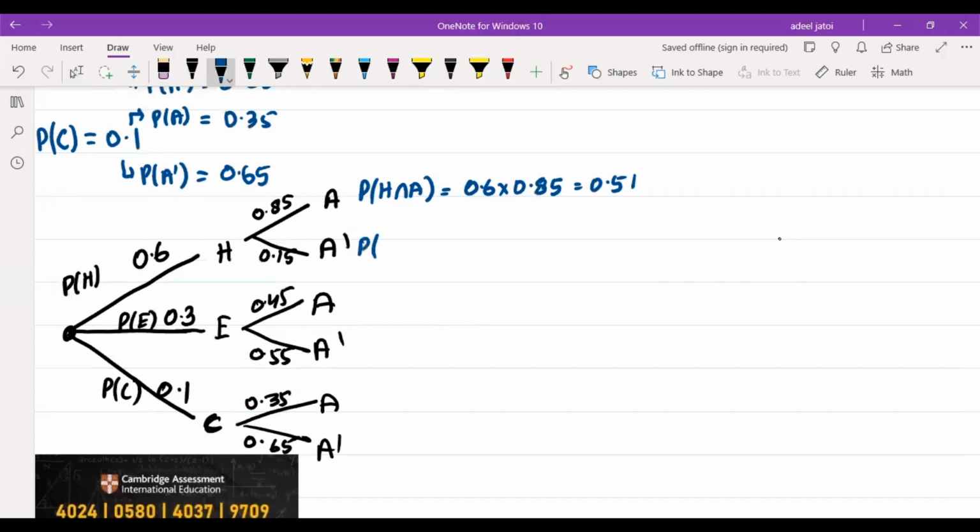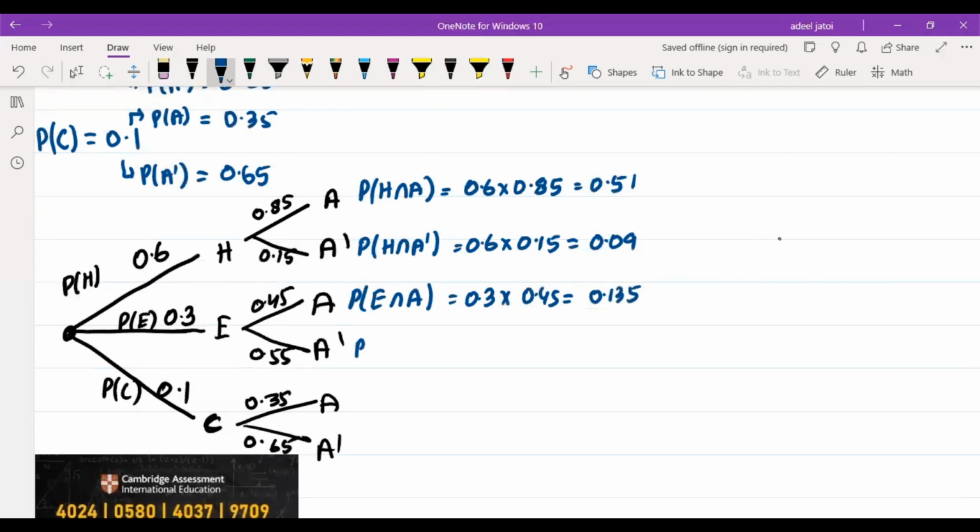The probability of sitting on horse and being not afraid will be 0.6 multiplied by 0.15, which will be 0.09. Probability of sitting on elephant and being afraid will be 0.3 multiplied by 0.45, which will be 0.135. Probability of sitting on elephant and being not afraid will be 0.3 multiplied by 0.55, which will be 0.165.